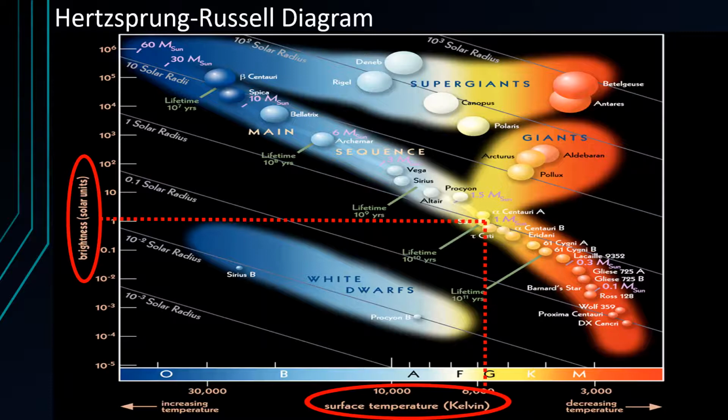Our star is going to be, as far as brightness, listed as a 1. Whenever it comes to brightness, anything above a 1 is going to be brighter than our star. Anything below 1 is going to be dimmer than our star.